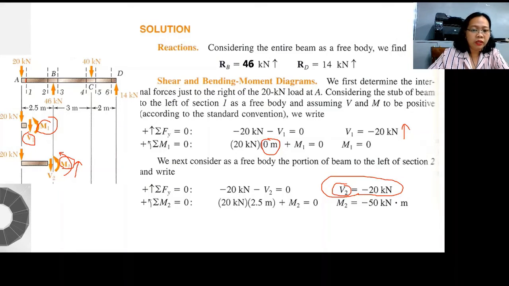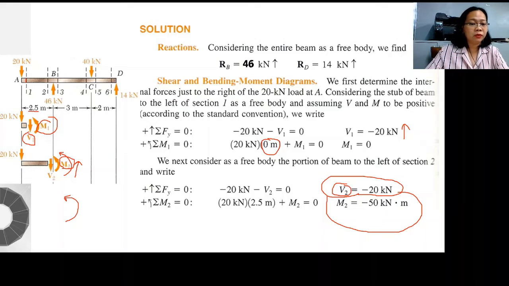So let's equate. We have 20 multiplied by 2.5 here and M2. So you get M2 as negative 50. So our assumption that the moment is counterclockwise is not correct, because it is negative. This means our moment is a resisting moment.